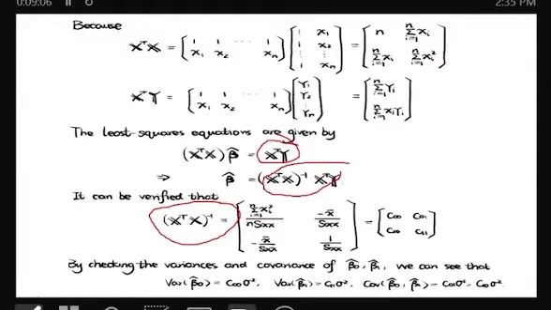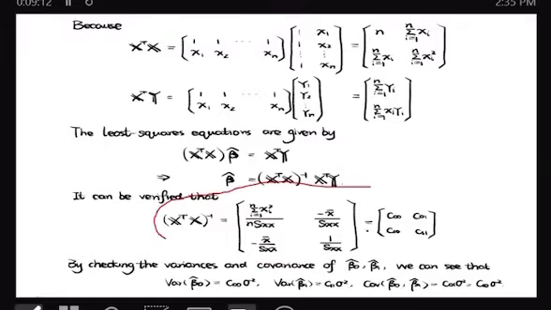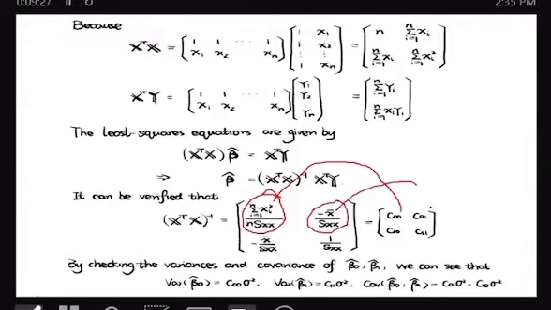Let me pay attention to this here, the inverse of X transpose X. If you look at the first entry, this is C00, this is C01, and this is going to be C10.